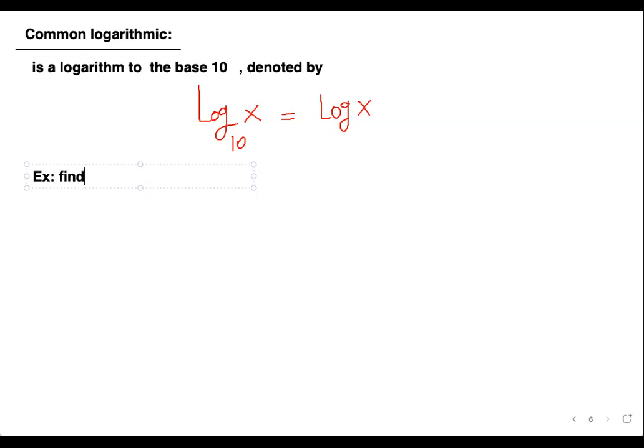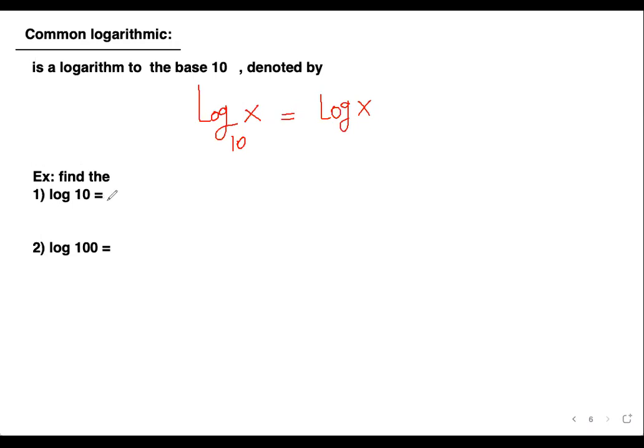Find the log of 10. This is number 1. Number 2, find log of 100. So who will do the first one? What is the answer for this one? Log 10.